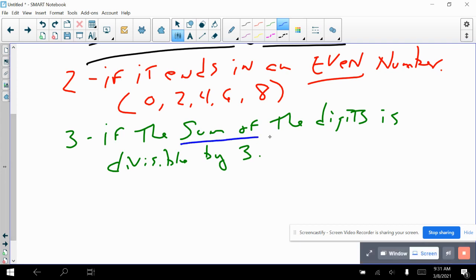Yeah, here's the key right here. The sum of the digits, because this is not normal math. We don't usually add up the digits, right?